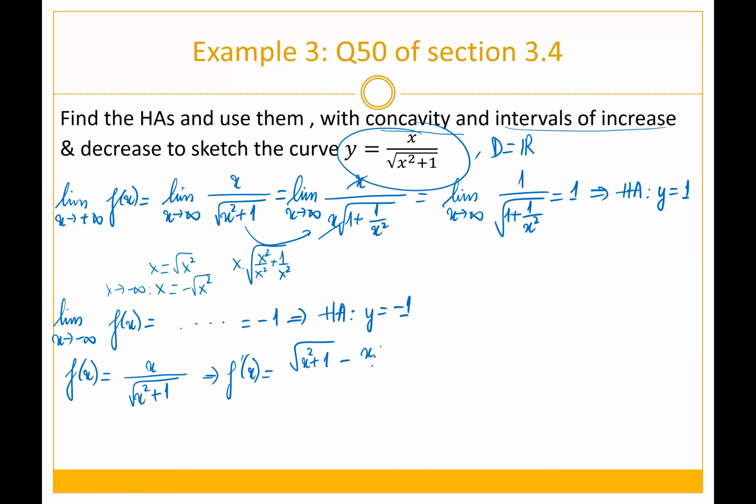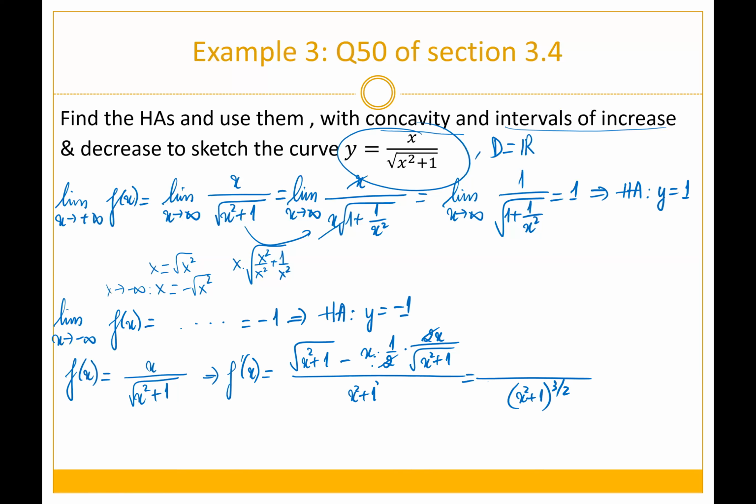Then you have x multiply half of 2x over square root of x squared plus 1, divided by x squared plus 1, because it's the square root squared. So what we have here is going to be square root of x squared plus 1 to the 3/2 divided by 2 and 2.